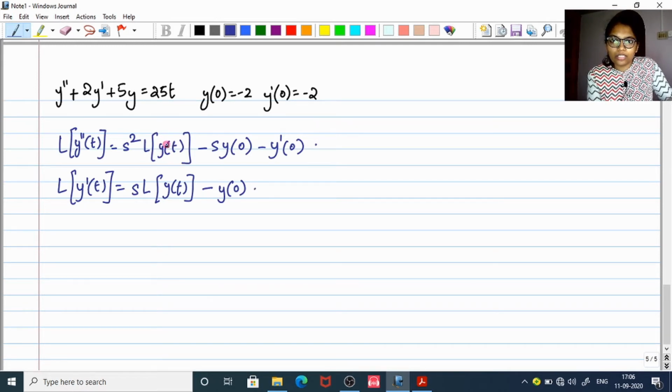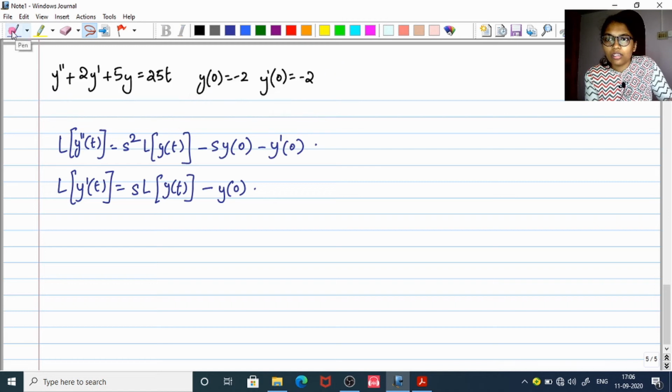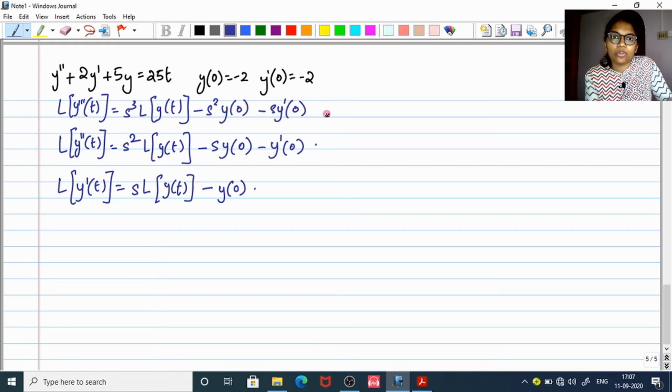Column wise it is going to be the same only. And you can even write Laplace of y triple dash of t: this is s cube into L of y of t minus s square y of 0 minus s y dash 0 minus y double dash 0. So here you can identify one pattern. This is the maximum derivative; you need not study Laplace of the fourth derivative and so on.